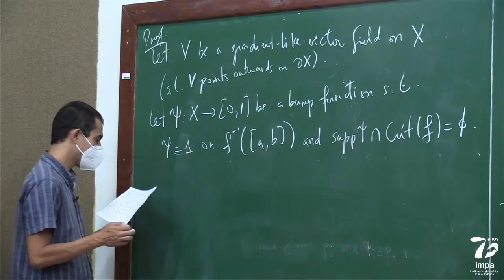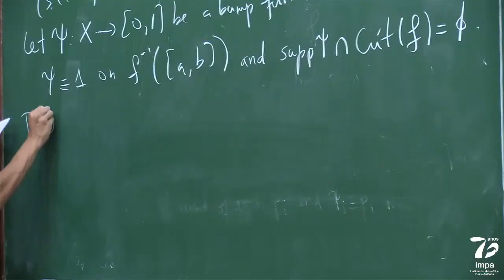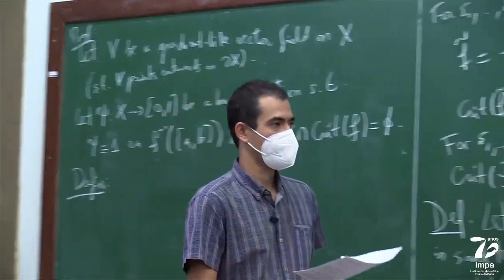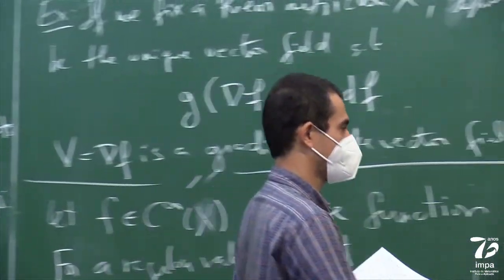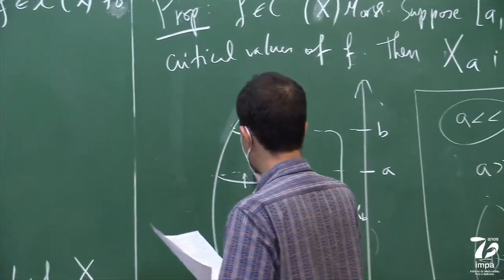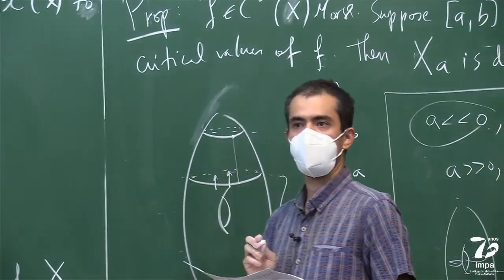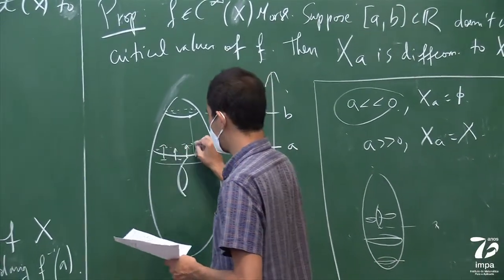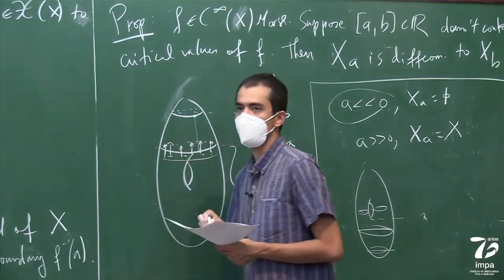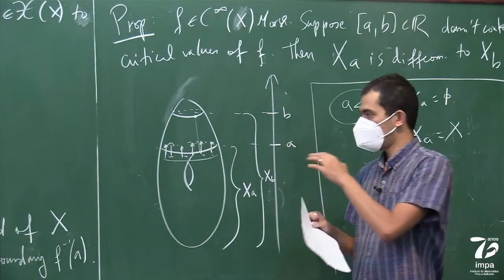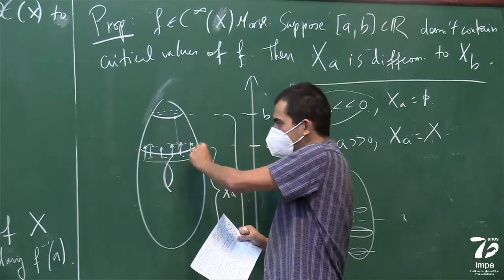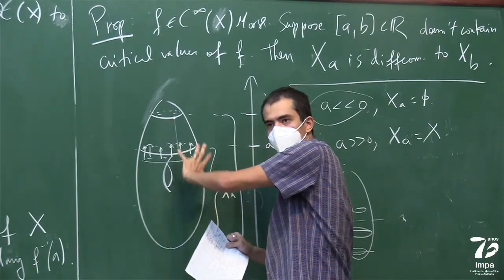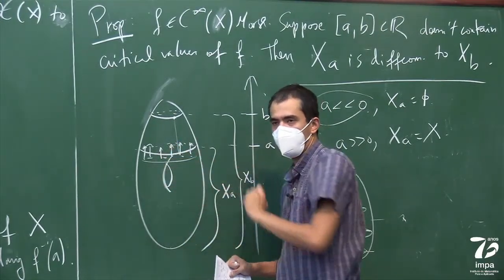So this thing can be supported away from the set of critical points. Okay. So then I can define another vector field the following way. The idea is kind of the same as what I did before. You just want to use a flow that's going to go from here to here. But you want to look at the flow of your gradient-like vector field. That's going to give you the diffeomorphism, but just when you get close enough to A. Away from here, then you want basically the zero vector field.